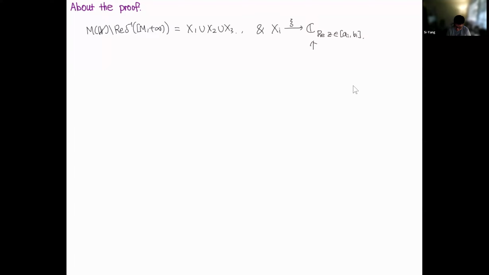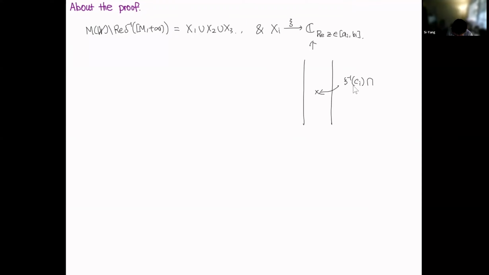So this is a strip. And there is a special point where the Kersey inverse of this Ci intersects with the hyperplanes, or I should say it does not intersect transversely with the hyperplanes.